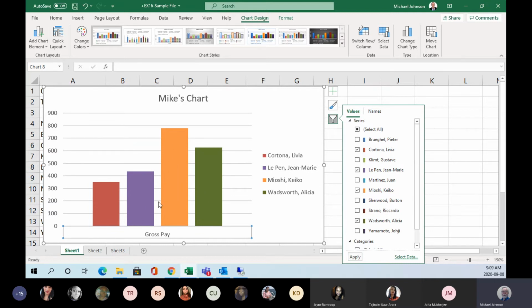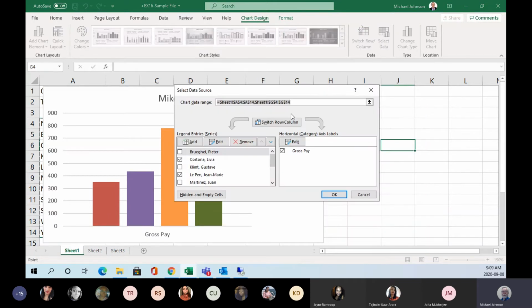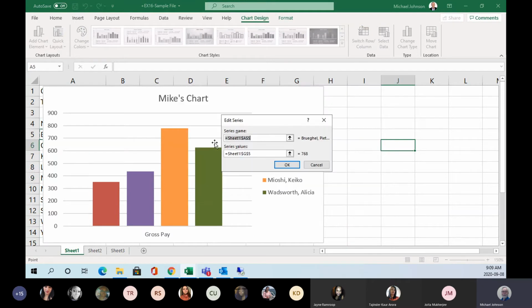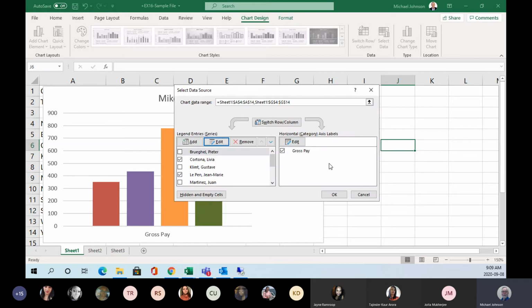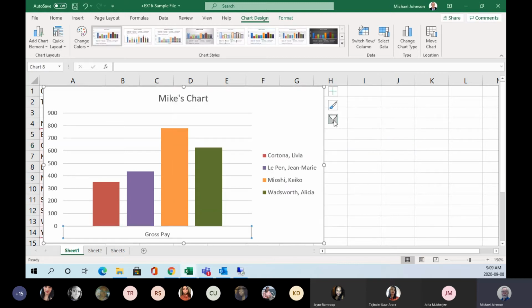So yes, you can sort. It's just a different approach to doing so. But you do have that capability. And when you're selecting data, you also have that ability to come in here and make some changes as to what data you're actually selecting and how you want to do it. But my suggestion is use the filter here.